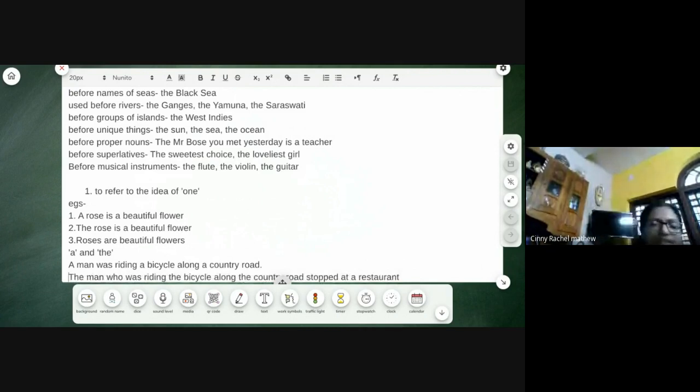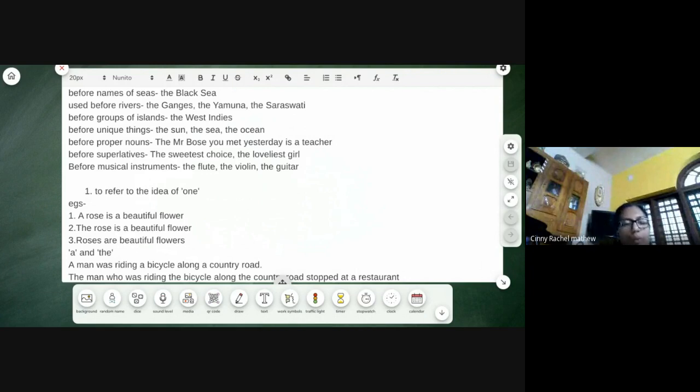So these two sentences here, where in the first sentence you refer to a man being any man who was riding along a country road. A man, any man from any part of the country, from any nationality, any culture, any society, was just riding a bicycle along a country road. Now, in the second sentence, we specify that it was the man.